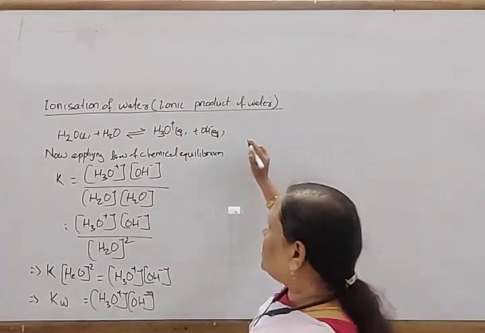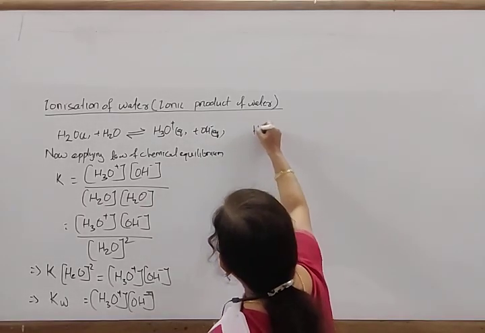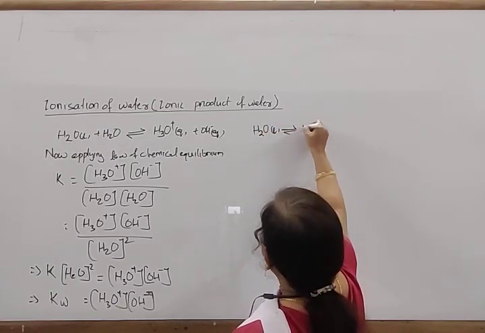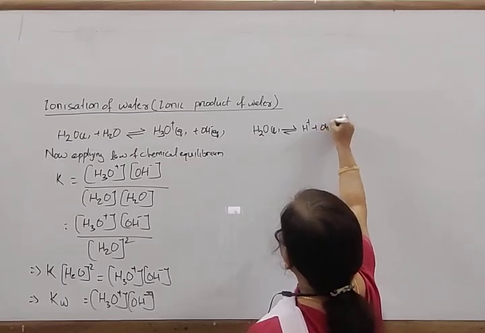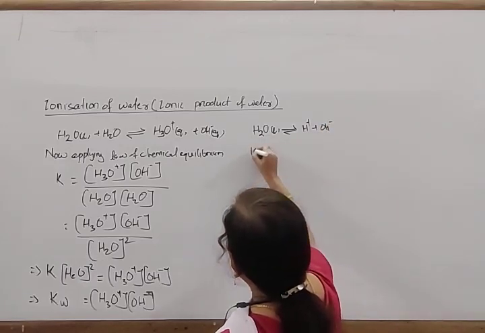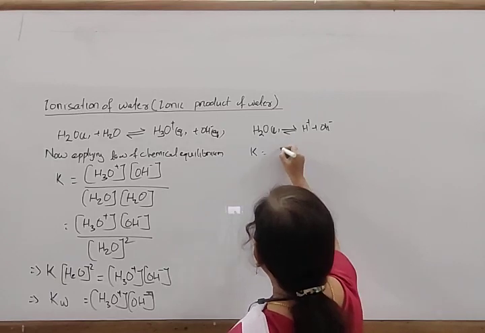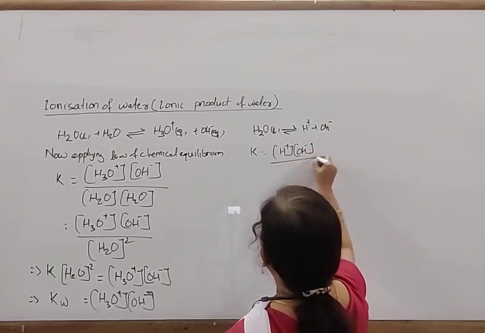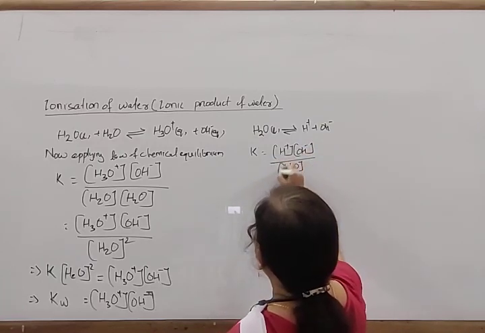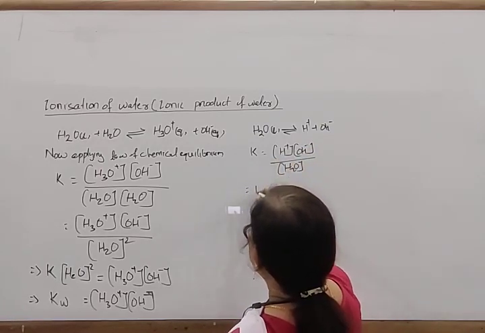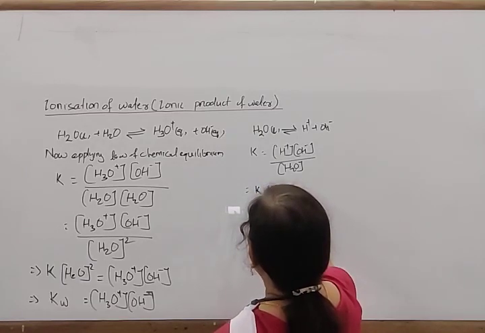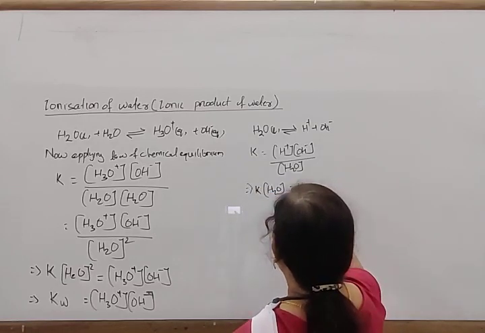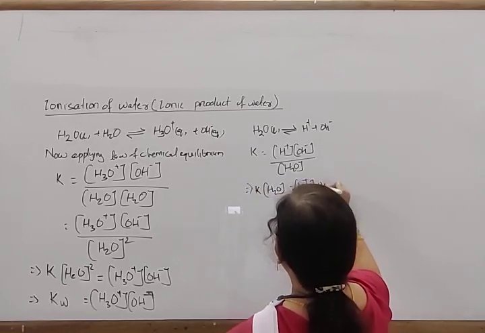In some cases, it may also be given like this: water liquid gives rise to H plus plus OH minus. By applying the law of chemical equilibrium, K is equal to H plus concentration times OH minus concentration divided by H2O concentration, and this is a constant. This K into H2O value is generally taken as H plus into OH minus.